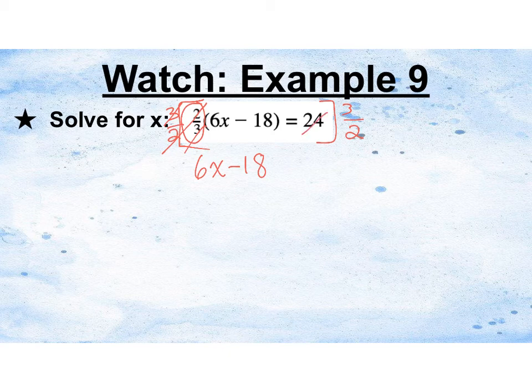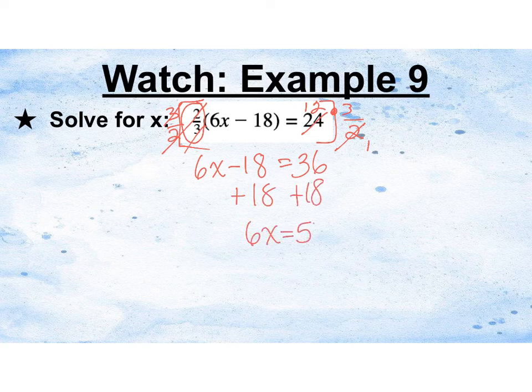So I'm going to do 24 divided by 2, and I get 12 over 1. So 12 times 3 is 36. I'm going to add 18 to both sides, and I get 6x equals 54. One more step, we're going to divide by 6, and we get x to be 9.